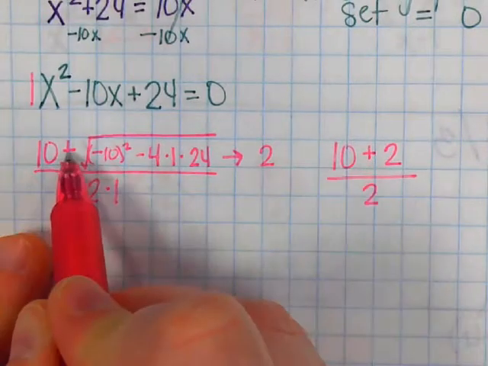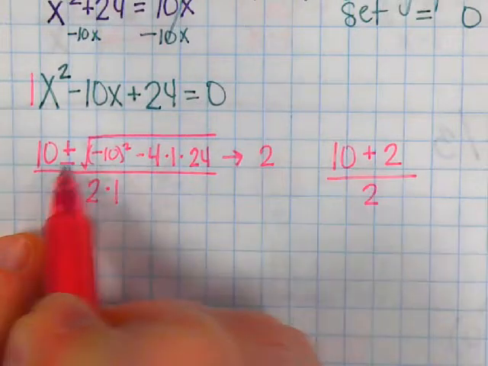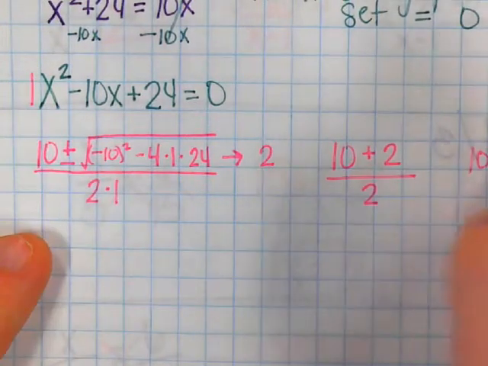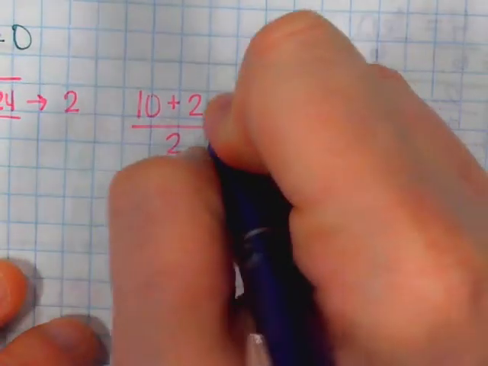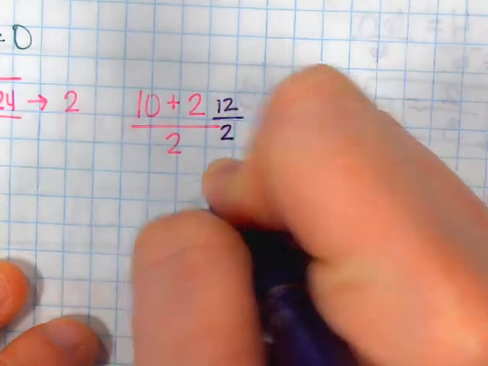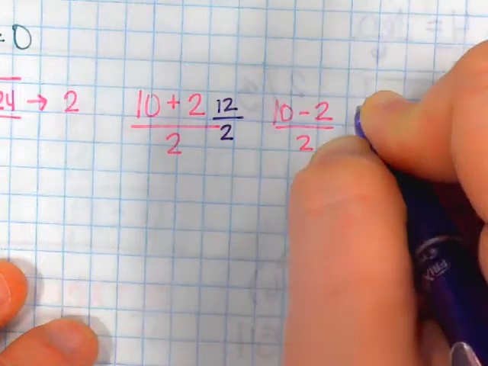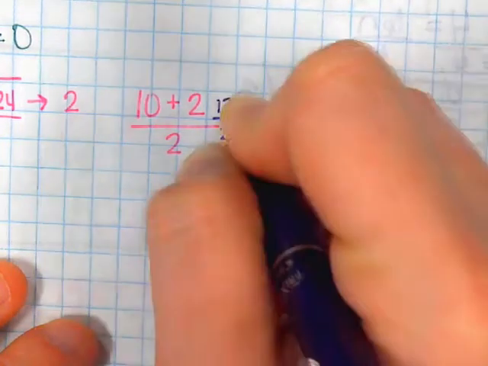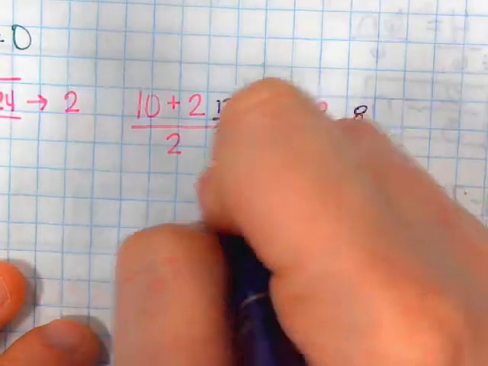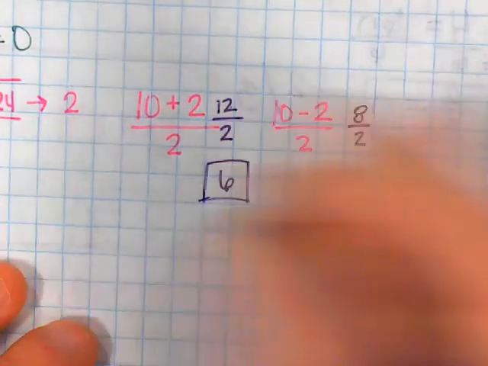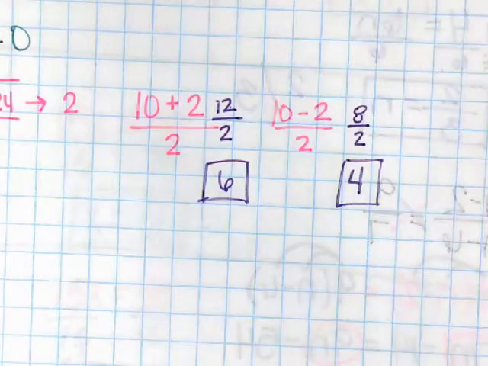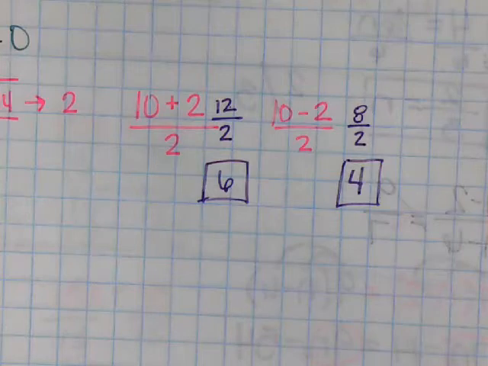And remember you have to do 10 plus 2, and then you also have to do 10 minus 2 divided by 2. Okay, 10 plus 2 is 12 divided by 2. 10 minus 2 is 8 divided by 2. 12 divided by 2 is 6. 8 divided by 2 is 4. So my two solutions are 6 and 4.